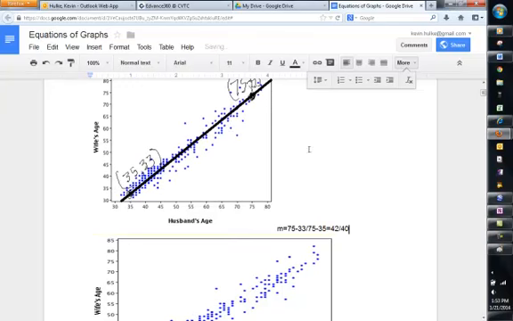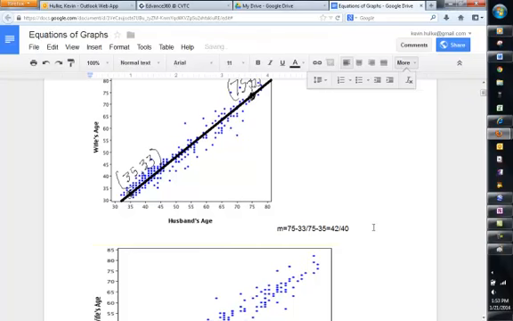Now you've got the slope, so y, the wife's age, equals the slope, 42 over 40, times the husband's age. Now we have to get the intercept.